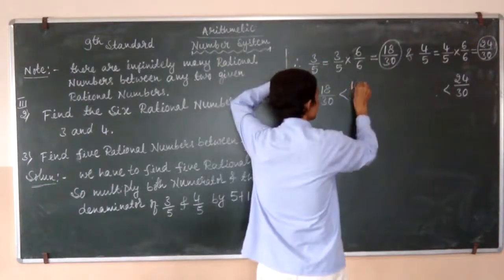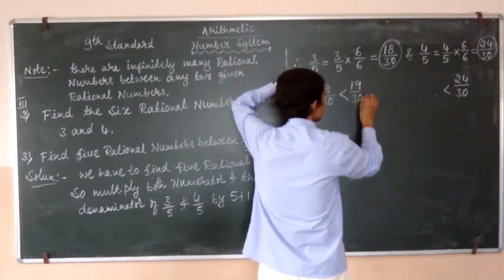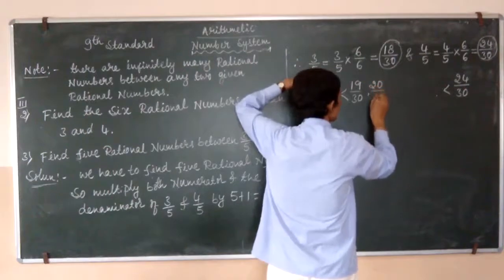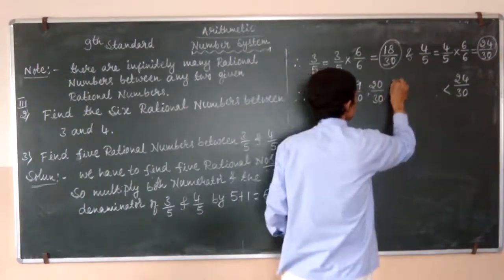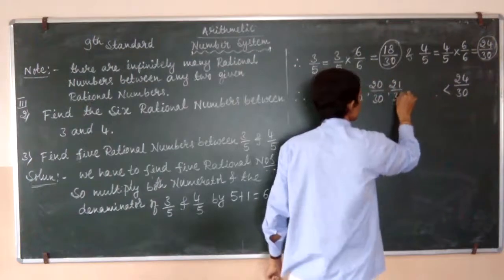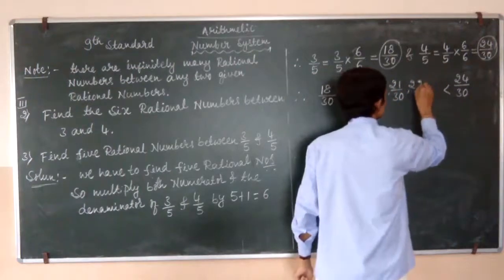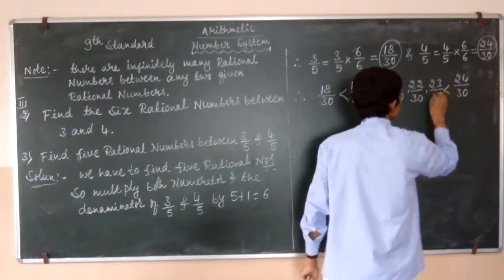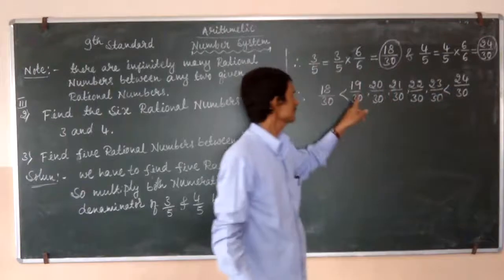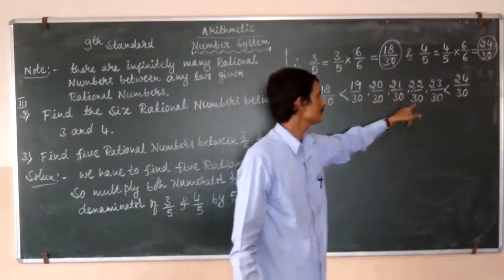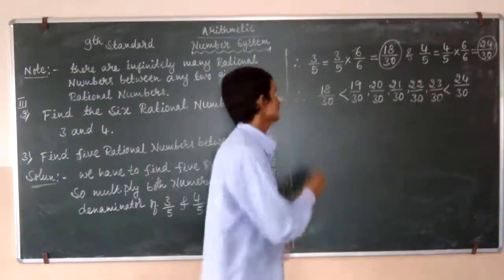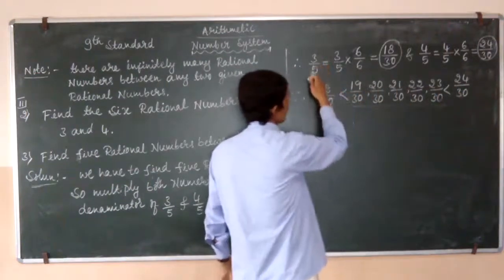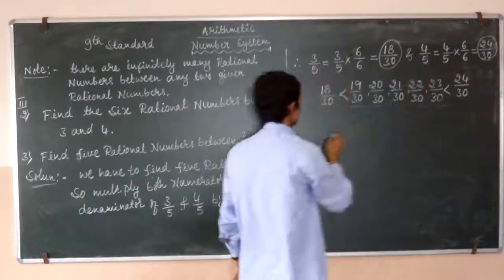So the next number will be 19 by 30. Another one, add 1 to the numerator: 20 by 30, 21 by 30, 22 by 30, 23 by 30. So 1, 2, 3, 4, 5. These 5 are the rational numbers between 3 by 5 and 4 by 5.